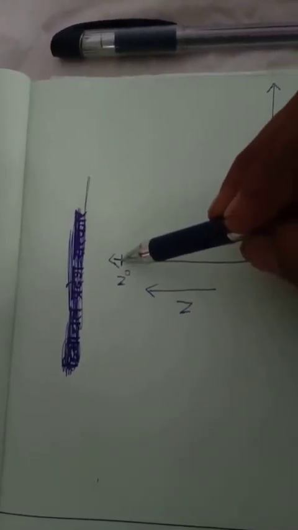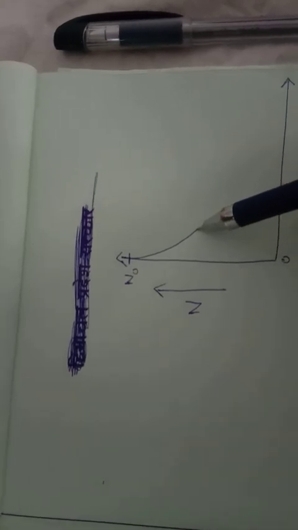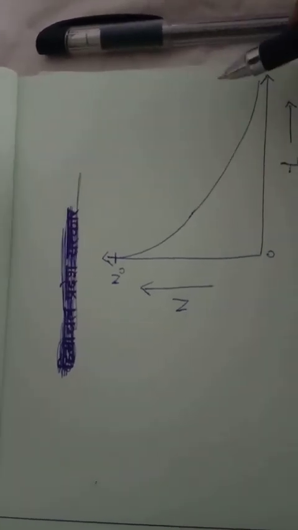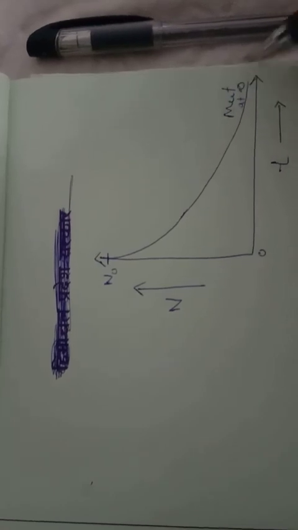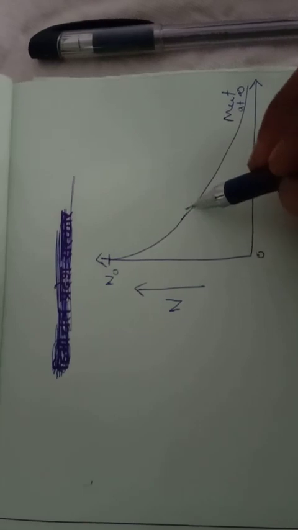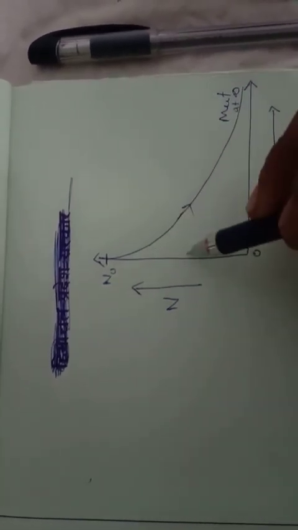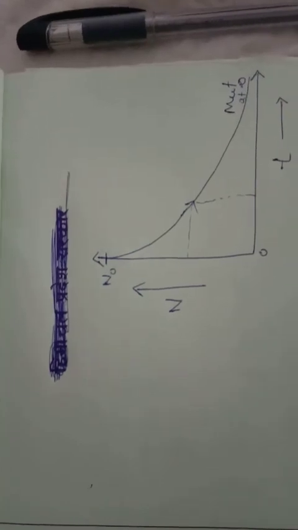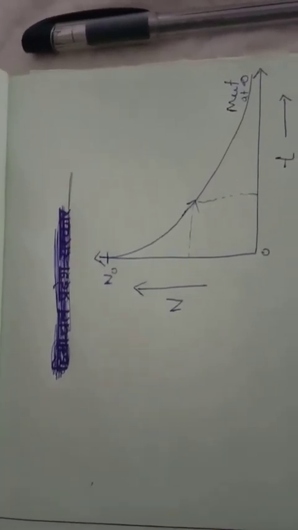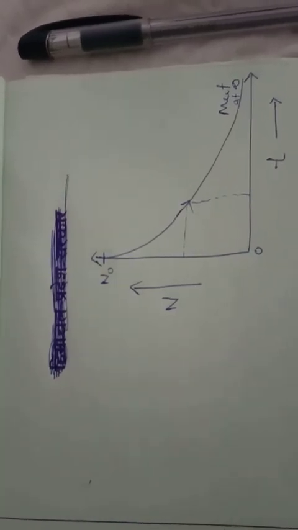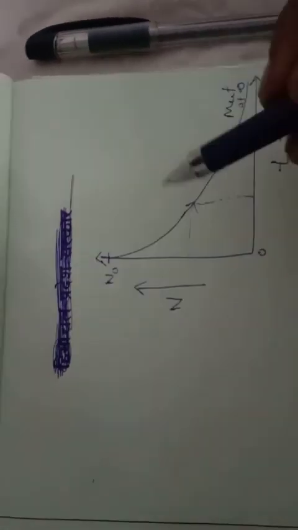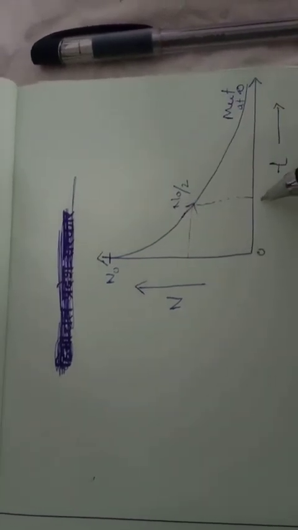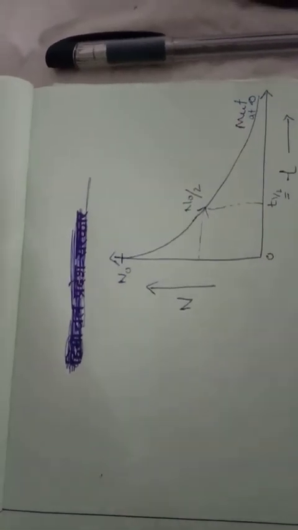As the time elapses, the atom disintegration starts, and the curve goes like this up to infinity, meeting at infinity, with disintegration continuous. You can also represent graphically when half time has elapsed, the number of atoms present is n naught by 2. So that is the graphical representation.